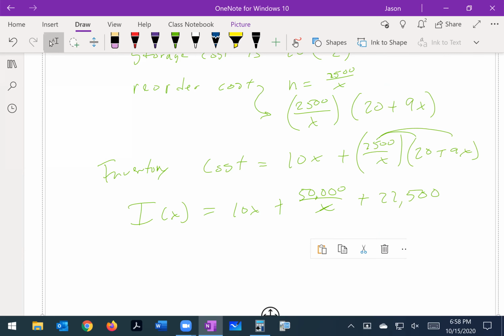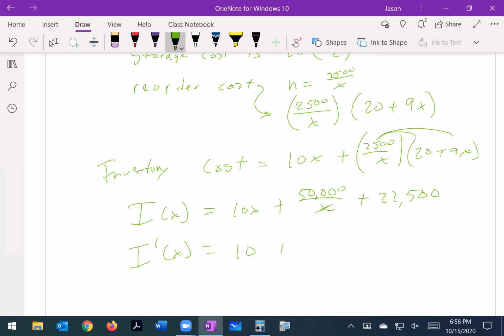Good. Now I want to take a derivative of this and set it equal to 0. This becomes 10 plus negative 50,000 over x squared. Remember, the derivative of 1 over x is negative 1 over x squared.